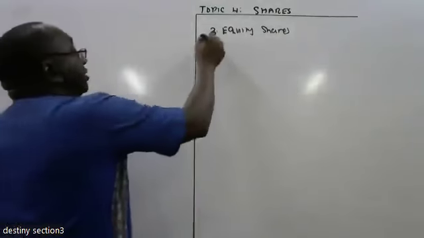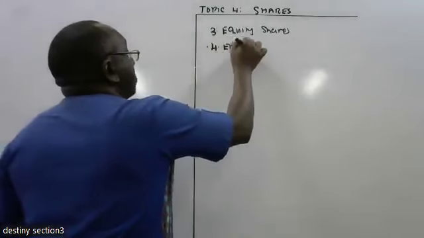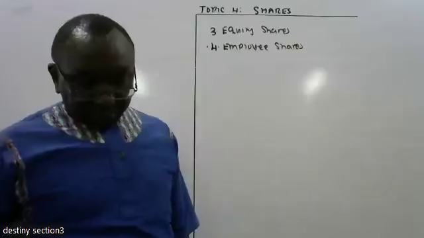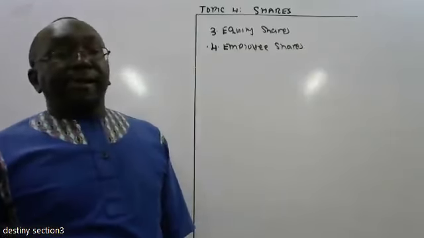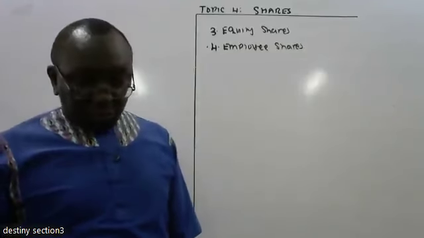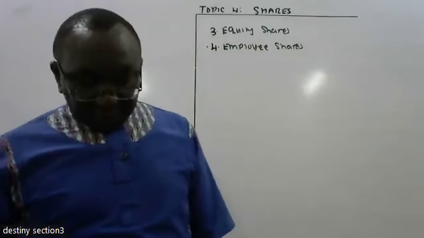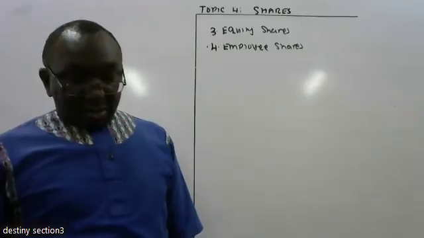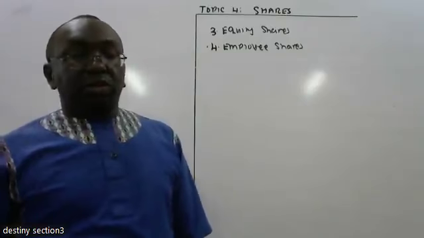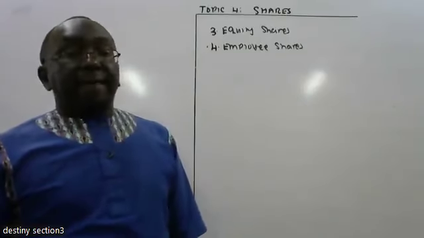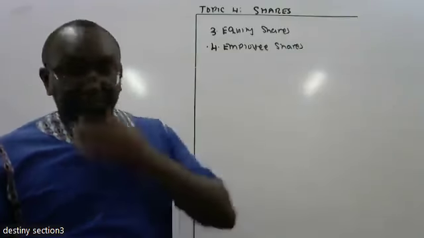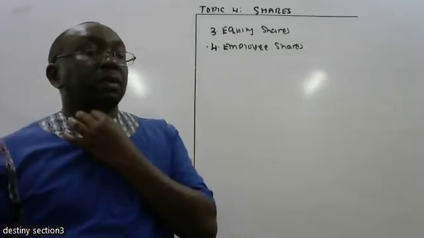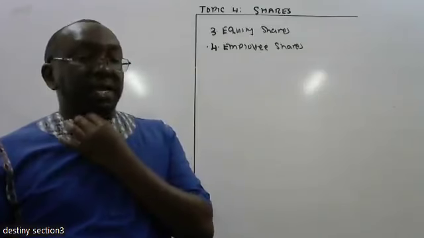Number 4 is employee shares. Write that these are shares issued to employees with the objective of boosting their motivation and willingness to remain in the company.